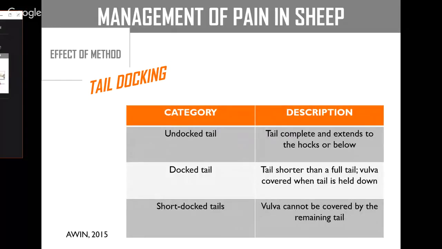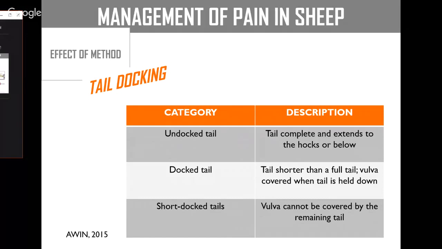Now, another thing that we have to consider is that apart from the method we use to tail dock or to castrate, there are some other aspects, and some of those other aspects are equally important. And in the case of tail docking, one thing which is very relevant is the length of the remaining tail.